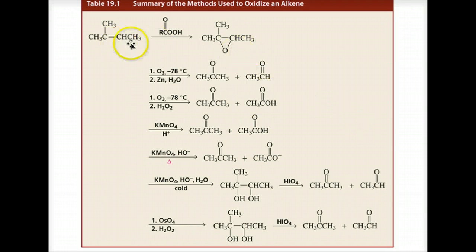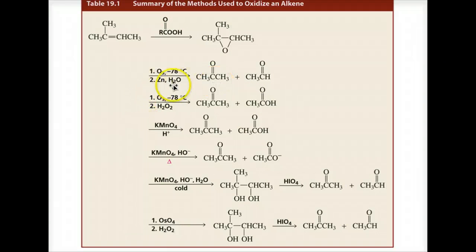So we have 7 different reactions shown here. This is a peroxy acid up here. And in each of these cases, this is the alkene that gets oxidized. And these are the reagents shown here. And of course, these are all the products.